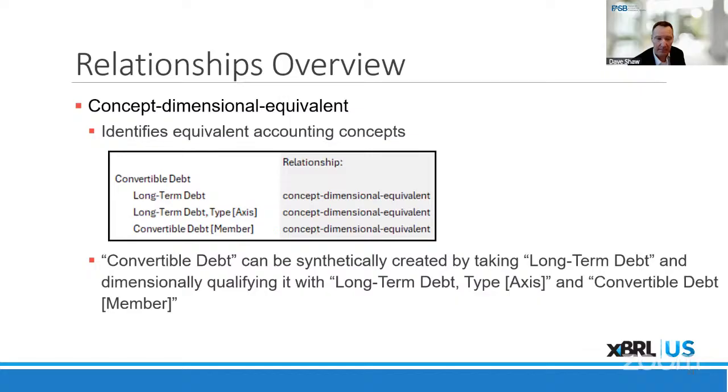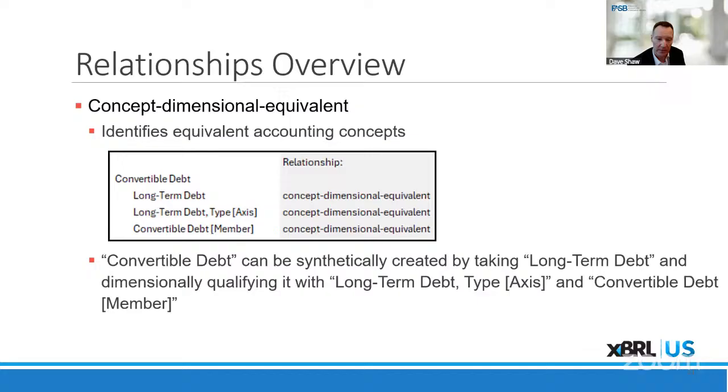The example I have for this is convertible debt. That is the parent element, and it has a relationship with the long-term debt element. It's got the label long-term debt type axis, and the convertible debt member.